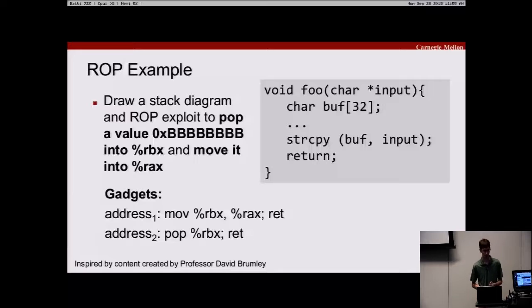We want to take the value 0xBBBBBBB, pop it into RBX, and then move that into RAX. And we want to figure out how to write to our stack so that this is the effect that happens. Okay, so we've got a stack here.